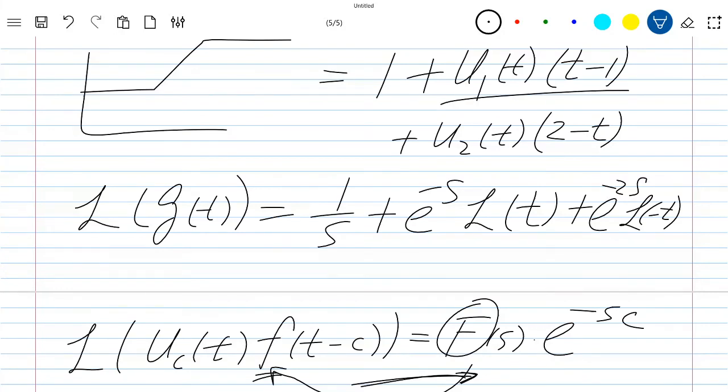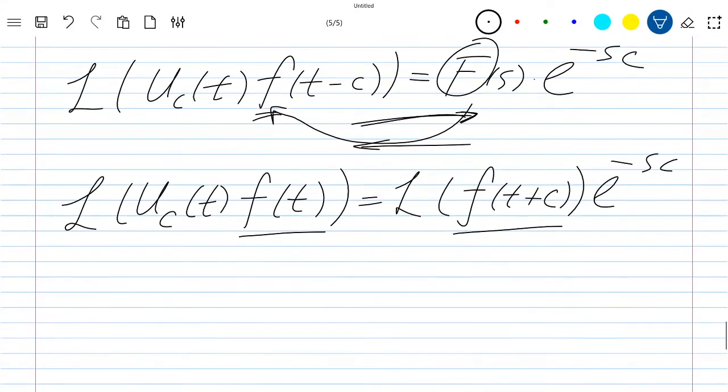Alright, so you will have 1 over s plus e to the negative s times 1 over s squared, then you have negative e to the negative 2s times 1 over s squared. So that's your result. Okay.